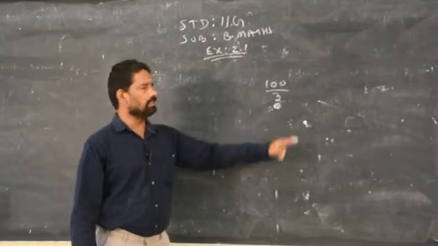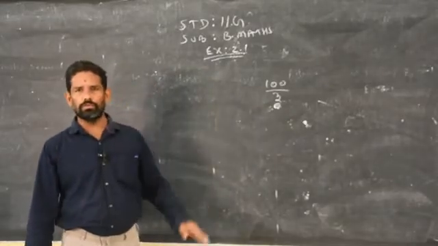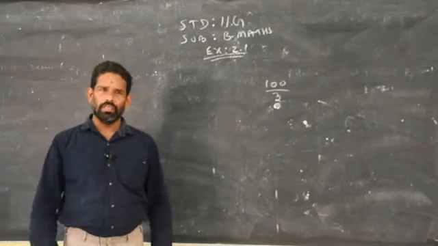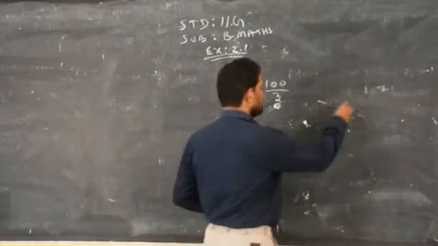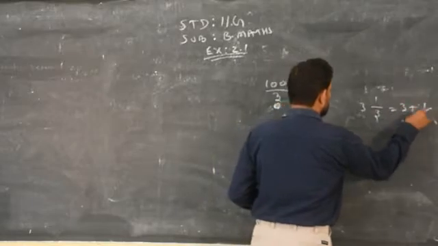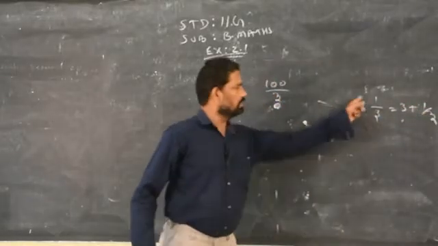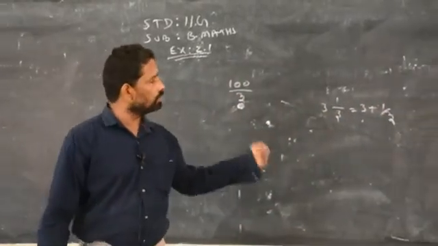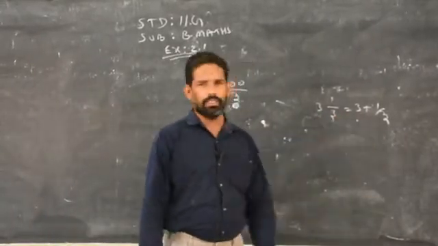Now you can write this in terms of mixed fractions. So when you go for a mixed fraction, for example, if I am writing like this, you can easily split this. That mixed fraction can also be expressed like 3 plus 1 by 3.